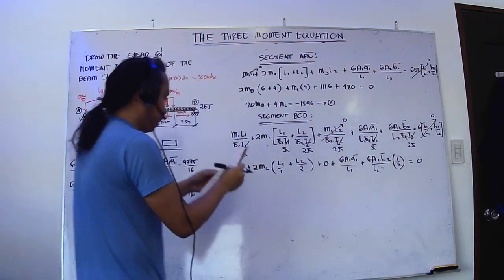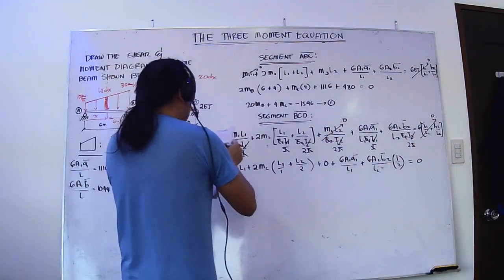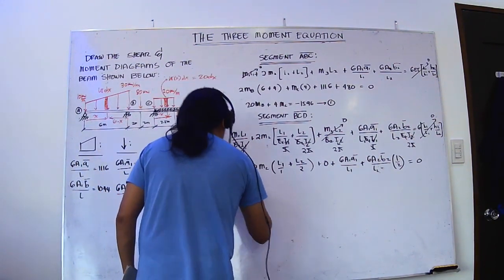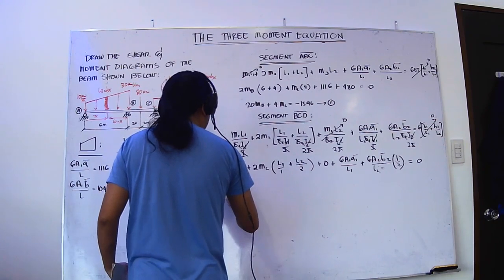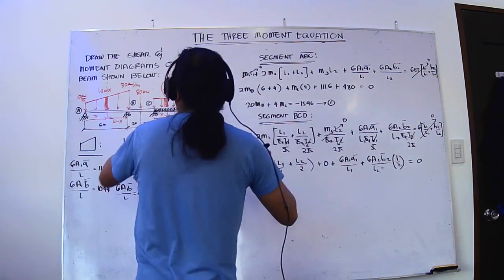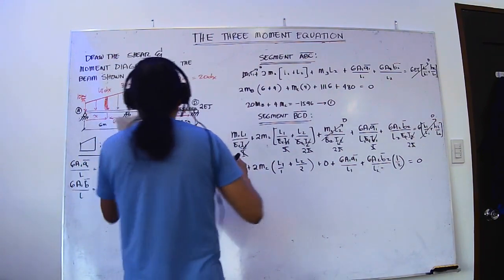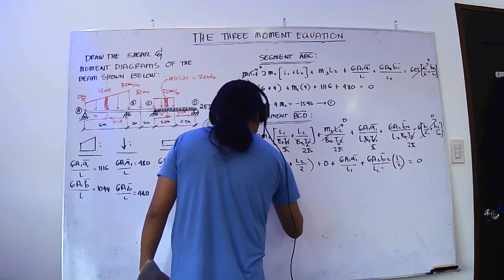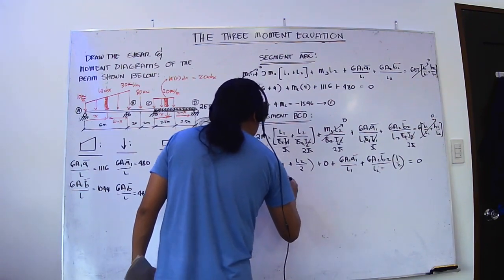So we have something like this, right? Now, in this case, M1 is the one at B, MB. L1 is equal to 4, right? 4 plus 2 MC.